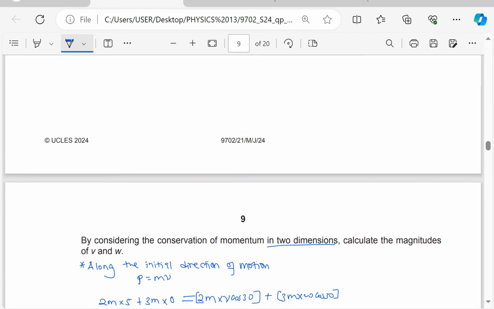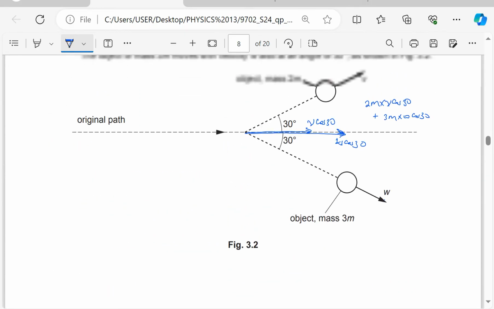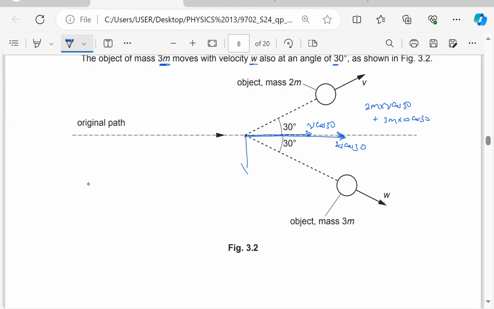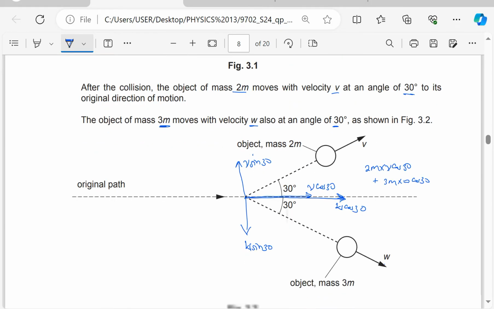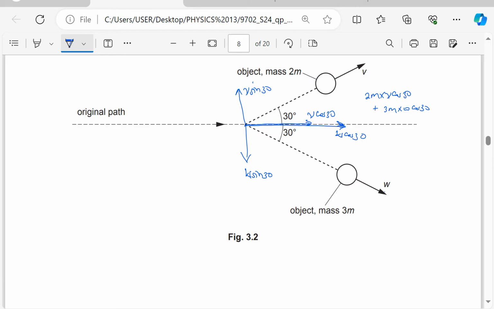So I now have to resolve the velocities in the vertical. w in the vertical points downwards, and it will be w sine. If it was cos in the horizontal, it will be sine 30 in the vertical. Then v in the vertical points upwards, and it will be v sine 30. So the momentum upwards is going to be 2m times v sine 30, and the momentum downwards is going to be 3m times w sine 30.